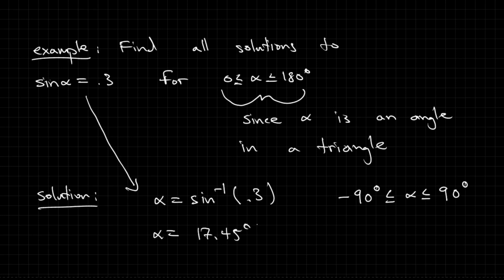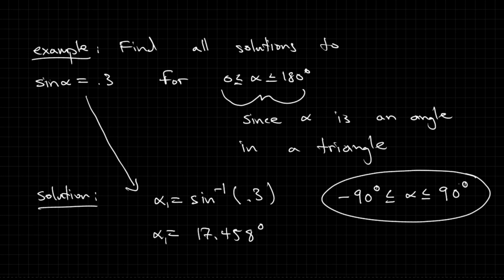Let's round to the nearest thousandth, 17.458 degrees. However, there is another solution. Because there is another solution, I'm going to mark this as alpha 1. Keep in mind that this gives you a solution between negative 90 degrees and 90 degrees. However, we're looking for all the solutions between 0 and 180 degrees.